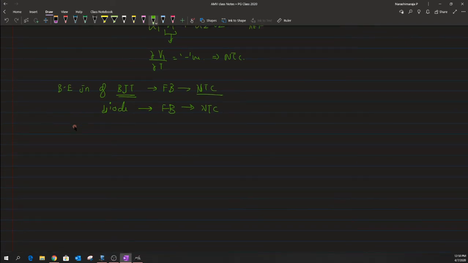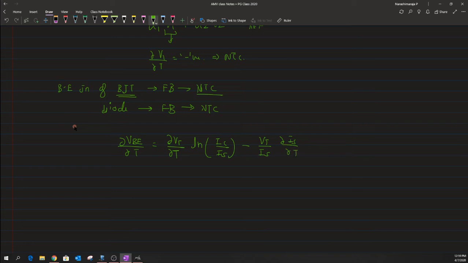So when we analyze this VBE, the temperature coefficient of this VBE potential gave us a result which is dou Vt by dou T, where Vt stands for thermal voltage, into ln of Ic by Is, okay, where Ic is nothing but the collector current and Is stands for the saturation current, minus Vt by Is into dou Is by dou T, okay.